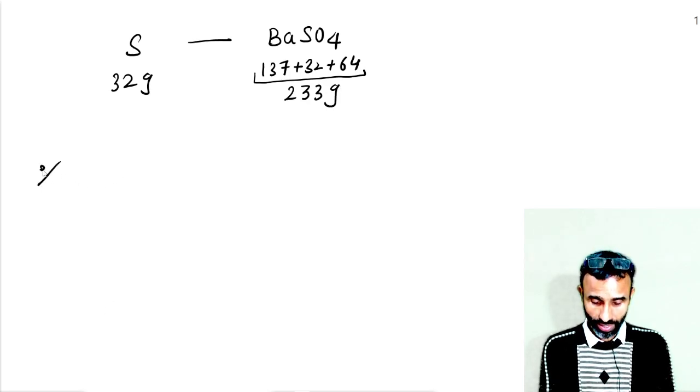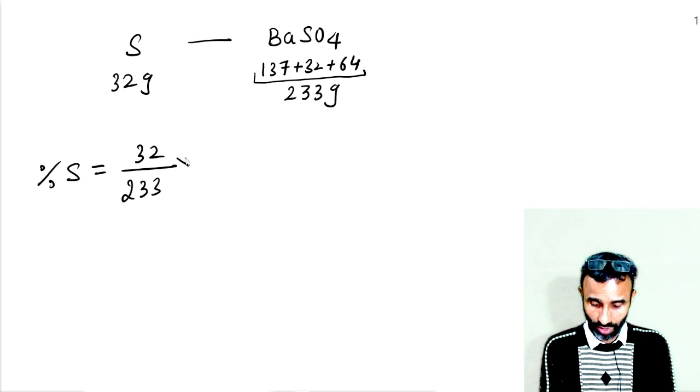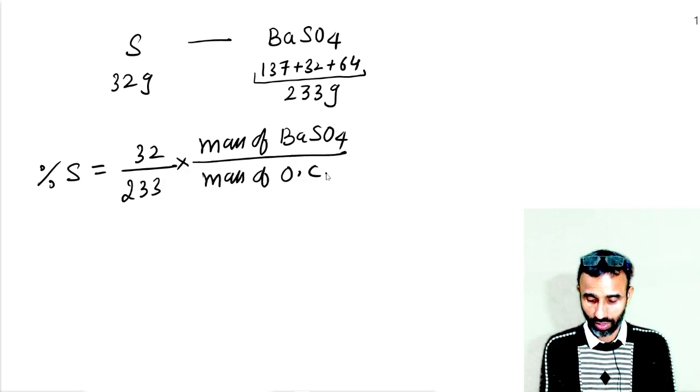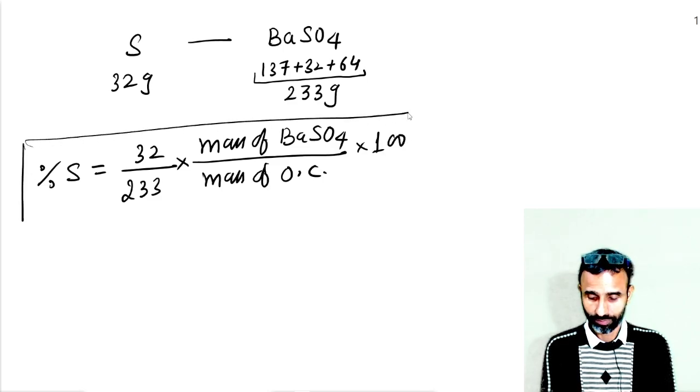So percentage of sulfur is 32 divided by 233 into mass of barium sulfate divided by mass of organic compound into 100.